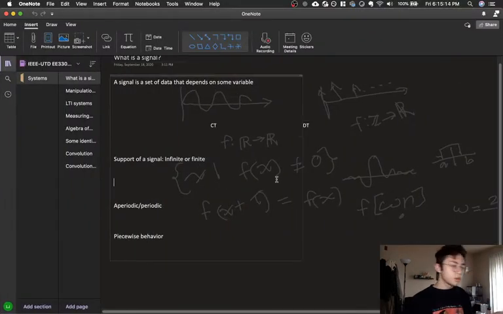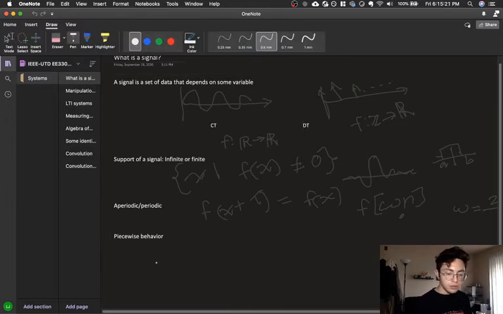Okay. So, where were we? I was talking about piecewise functions. A lot of times we can define signals over an entire domain, where they just have one behavior, like sin x. We know that it'll be wavy over the whole real line.